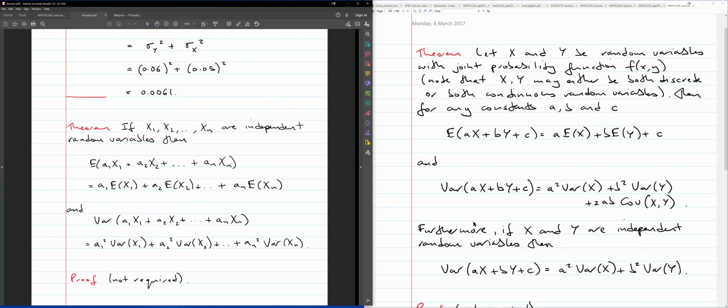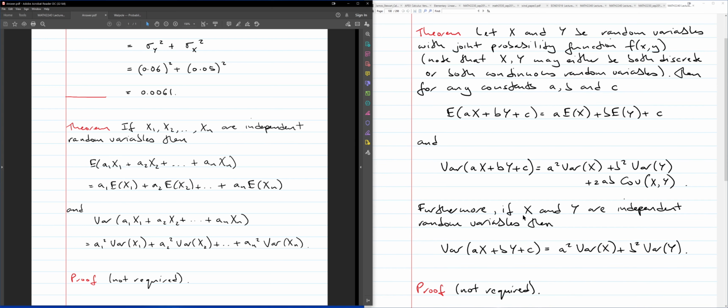Okay, and likewise over here, now we're dealing with random variables being independent. The x1, x2 up to xn are independent. If you remember this case, if I have x and y independent, then I have a formula for the variance of ax plus by plus c. Let's just assume that c is equal to 0, because we have no constant across here.